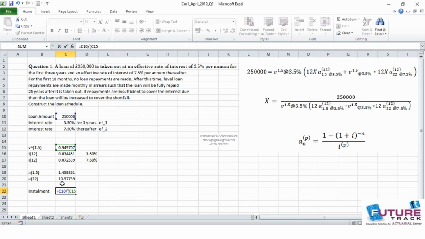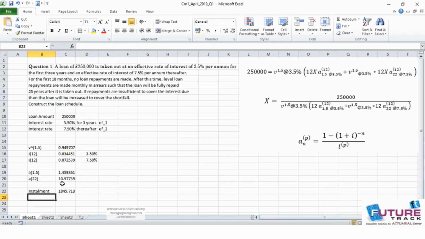Okay, we have to apply the star also: 12 into a 1.5 plus v 1.5 into 12 into a 22. Fine. Please take care of the brackets and the multiply sign. So this is my installment amount: 1845.713. Fine. So, the multiply sign.